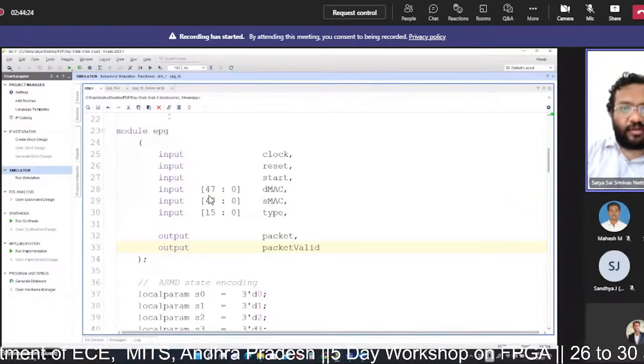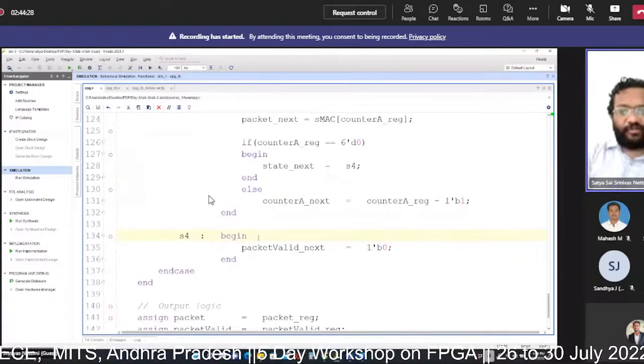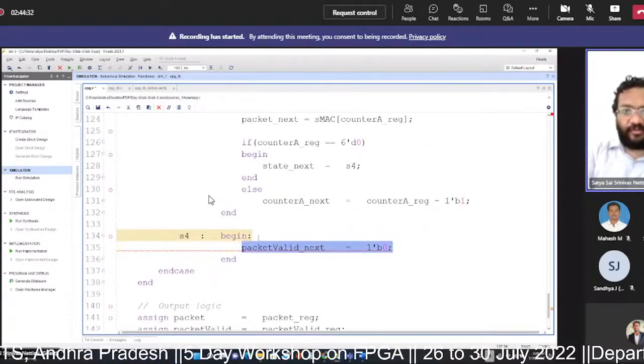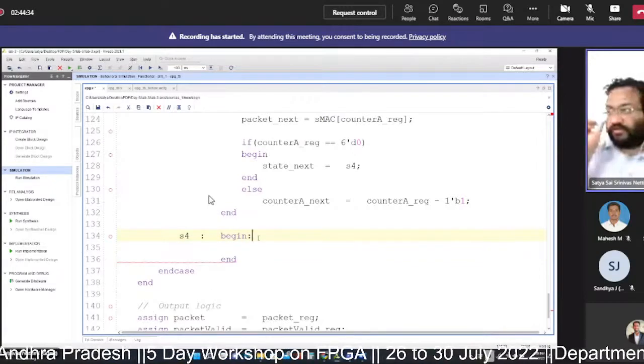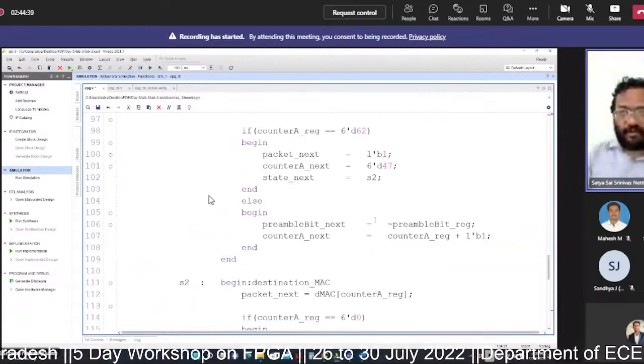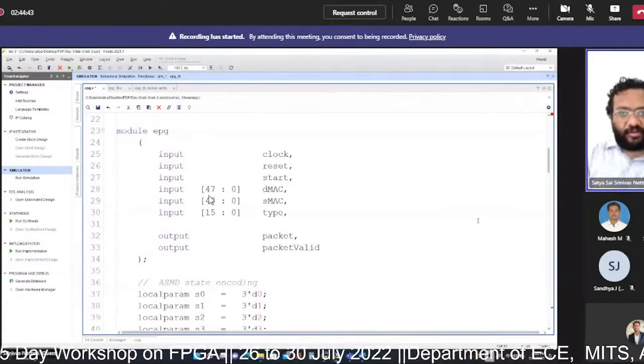So now in S4 I have to define the length, right? So my input is actually type.